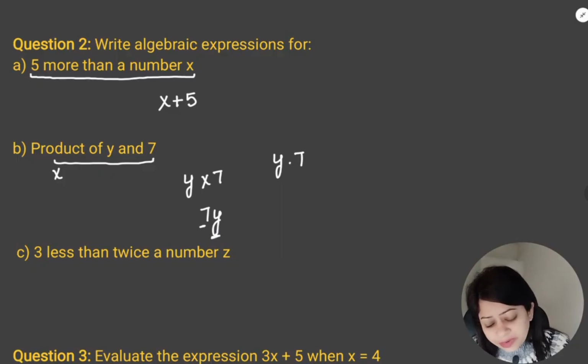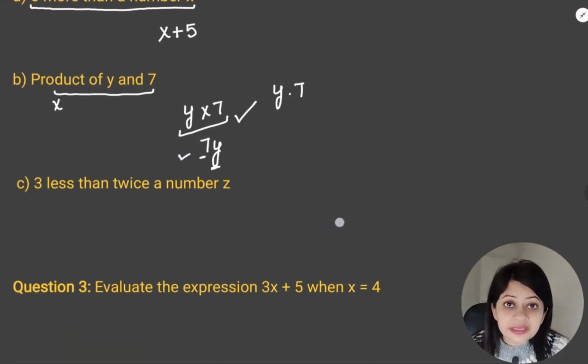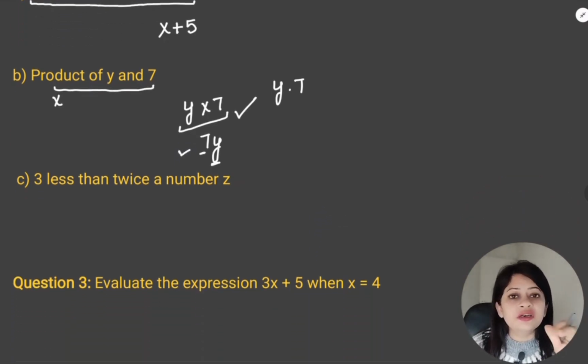So instead of writing y cross 7, which is also right, we write 7y. If you think the speed is slow, you can just play it faster, but I want to teach it slowly so that everybody understands it.